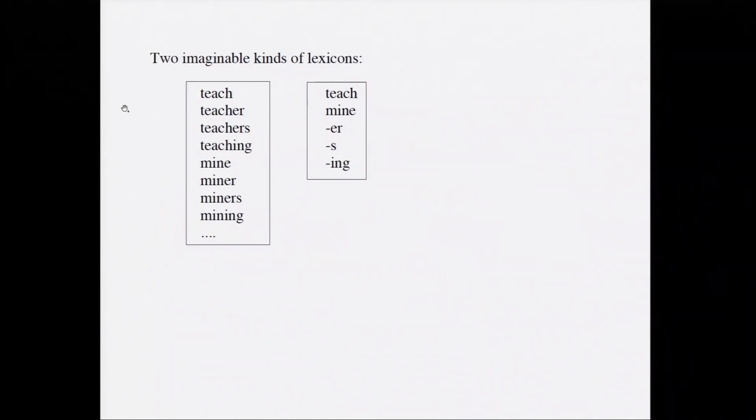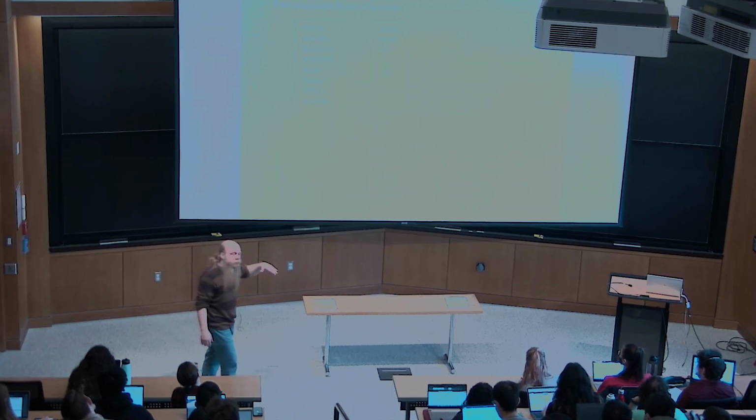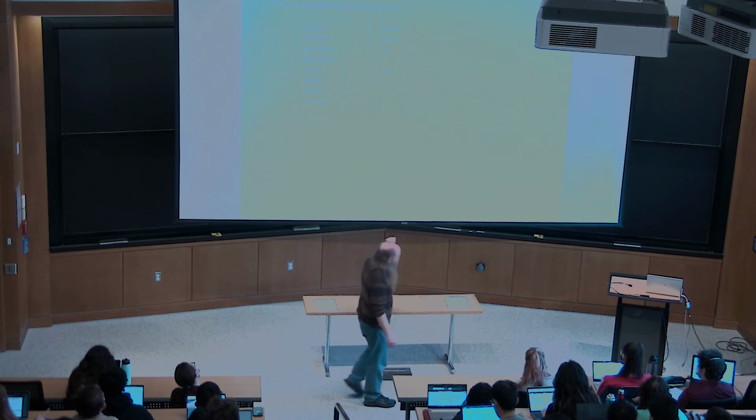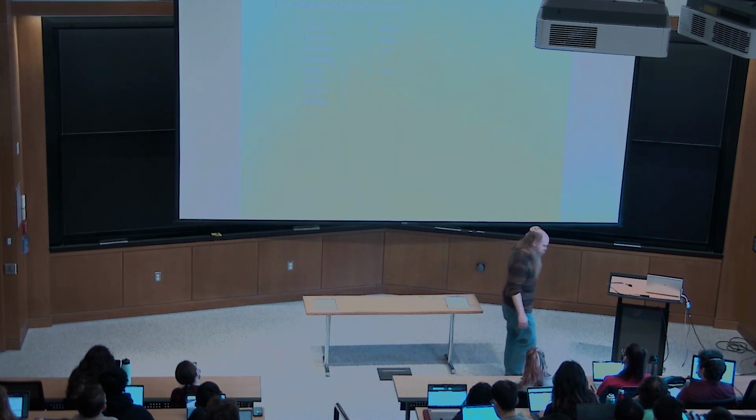Okay, so we started off by saying there are at least 2 imaginable kinds of lexicons. If we're going to make a list of everything you know about your language, one that has in it entries like teach, teacher, teachers, teaching, right? And mine, miner, miners, mining, and so on. So that first lexicon consists entirely of words.